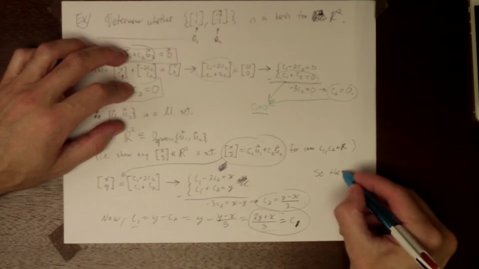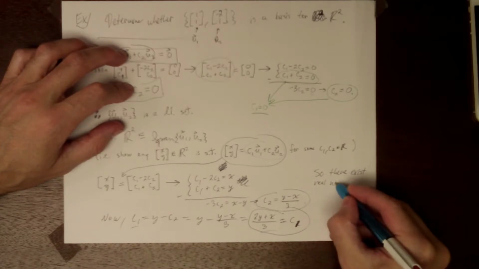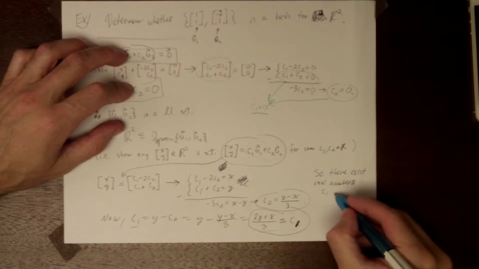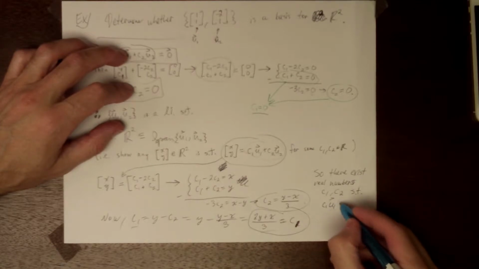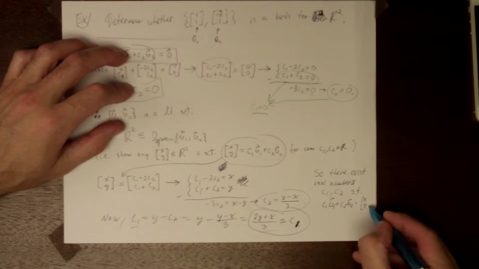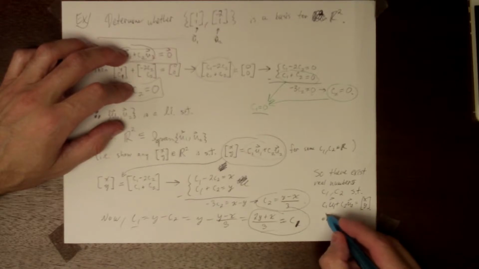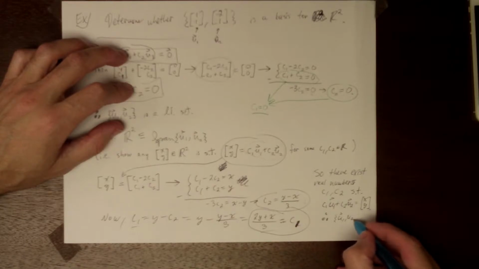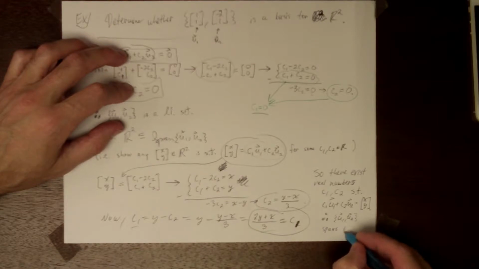So there exist real numbers C1, C2 such that C1 U1 plus C2 U2 is equal to our arbitrarily chosen vector xy in R2. Therefore, the set of vectors U1, U2 spans R2.